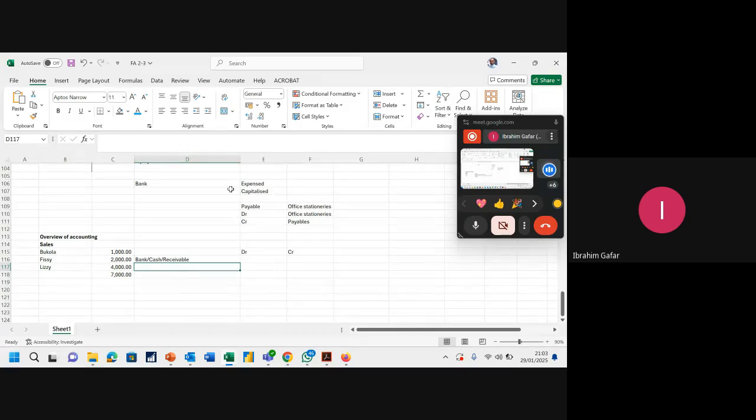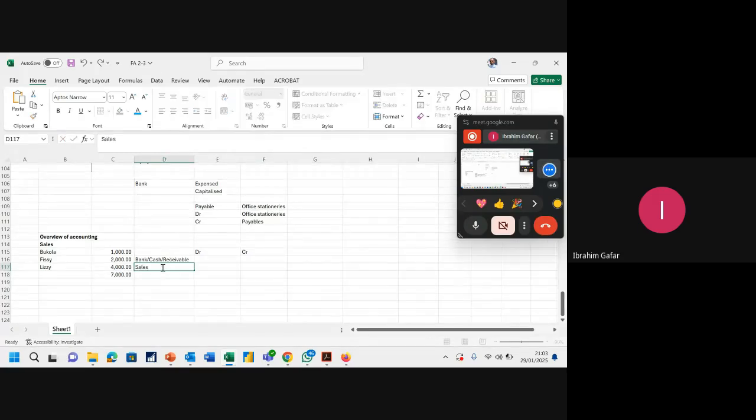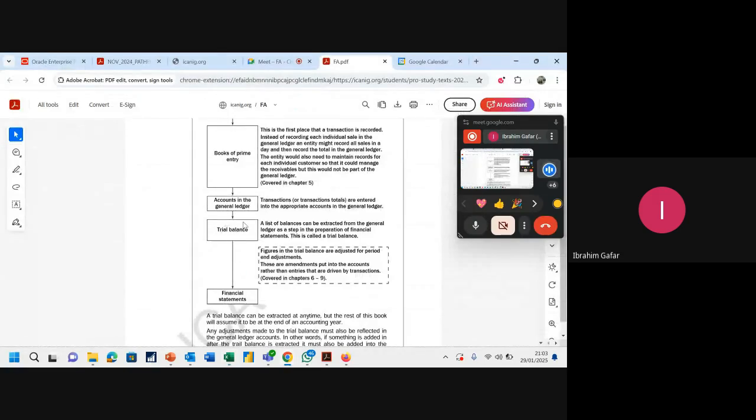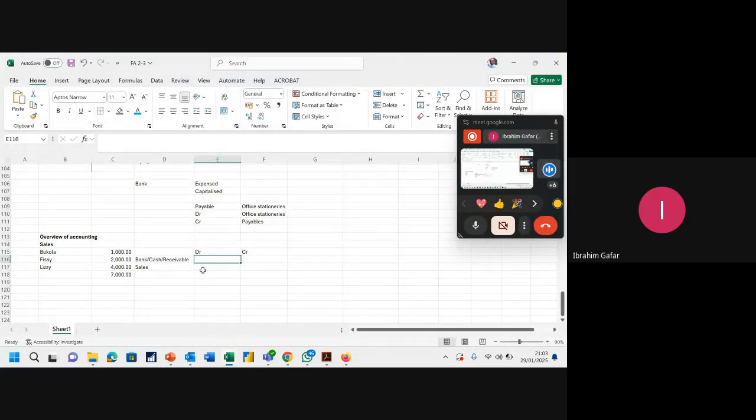Now we have sales here. The accounts in general ledger is this. I've sold goods worth 7,000 naira. What am I debiting? I'm debiting my accounts receivable if the person bought it on credit.